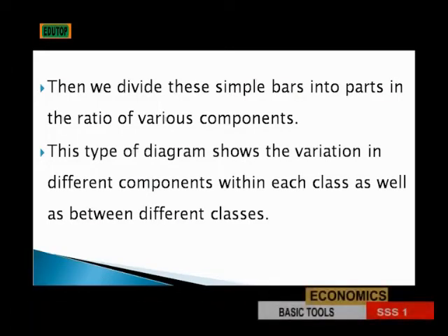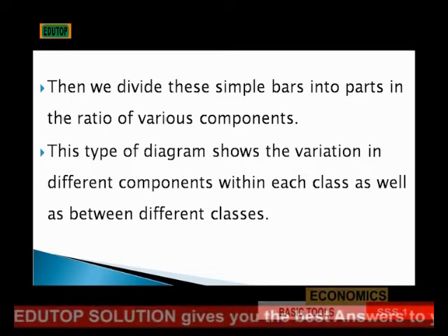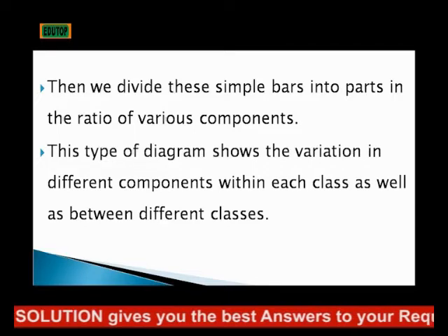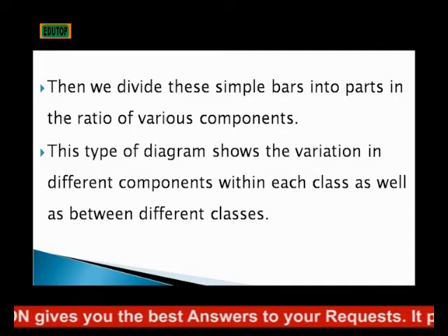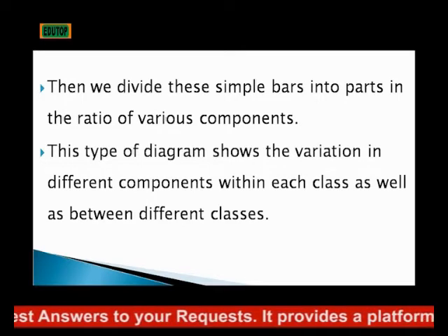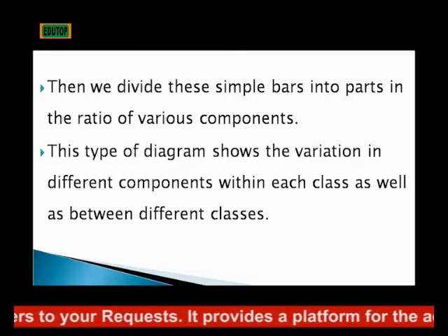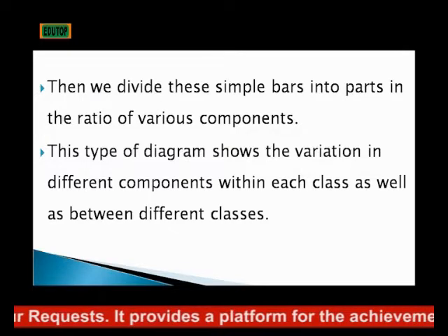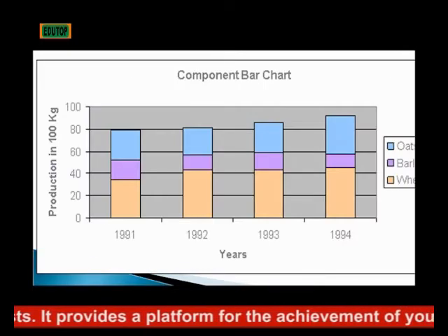We divide them into simple bars according to the ratio of the information we want to depict on those particular bars. This type of diagram shows differentiation in different components within each class as well as between different classes. For example, see an example of a component bar chart.